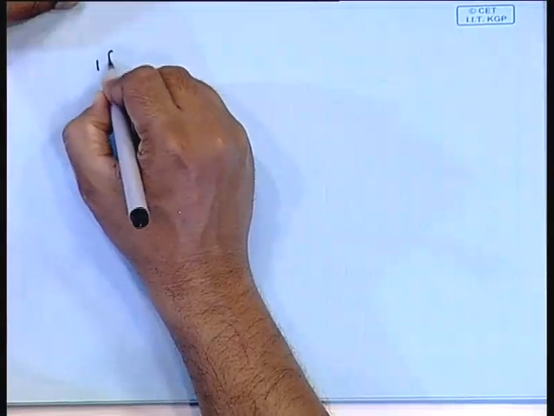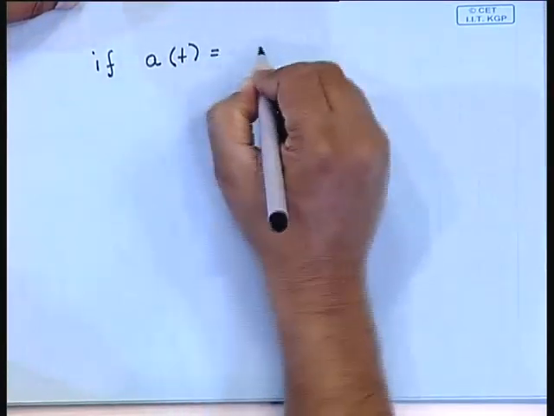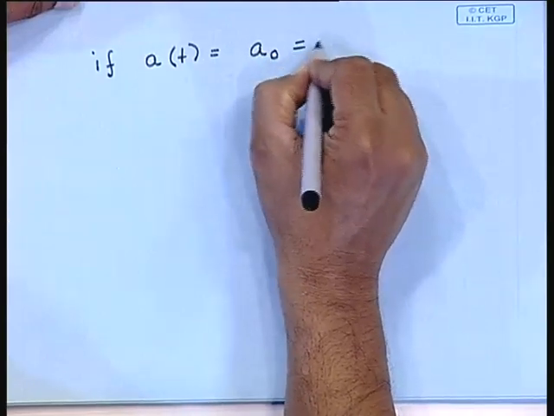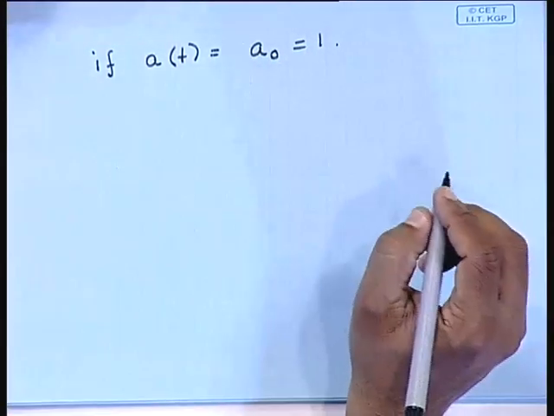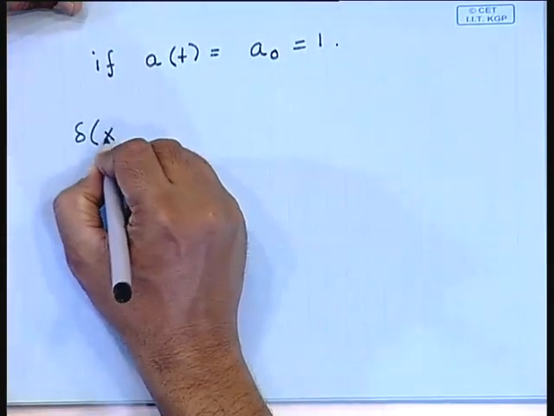So if there is no expansion, let me remind you, if A is a constant value 1, then we would recover the solution which we have already worked out.